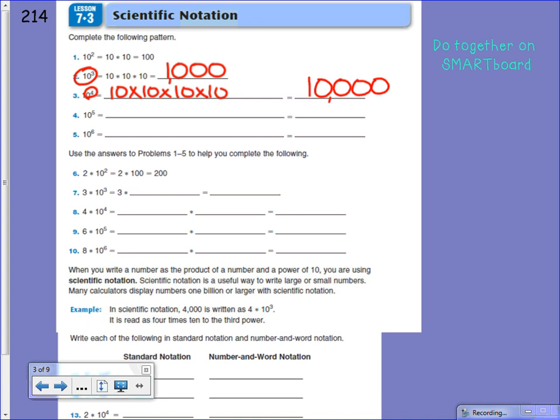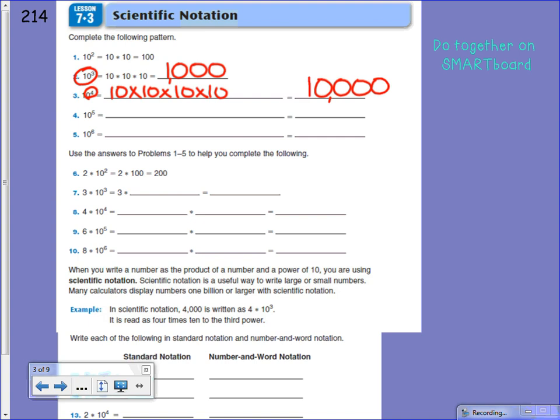So what happens when I give you 10 to the 27? If you had to sit there and go 10 times 10 times 10 times 10, which is what you were doing, that would take a long time. Do you want to write this out every single time, or do you want to just look at the exponent?